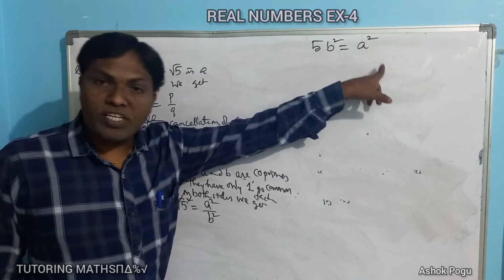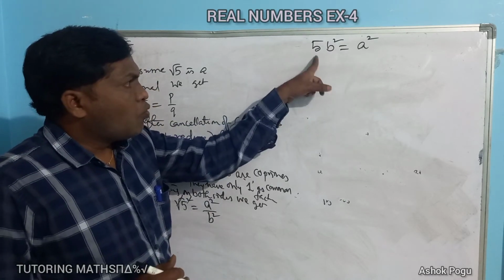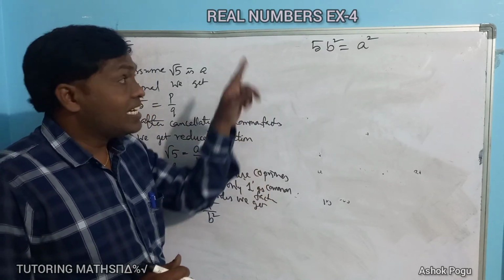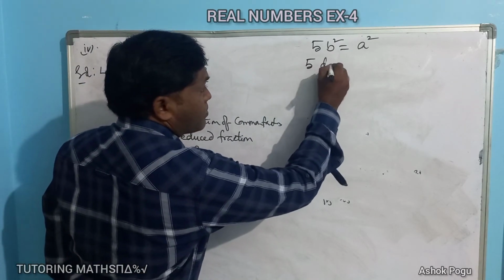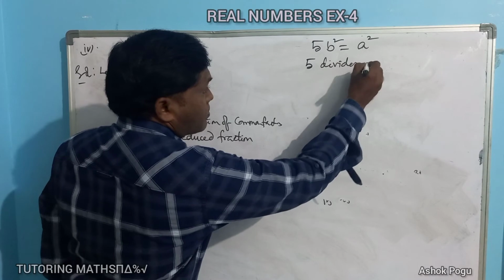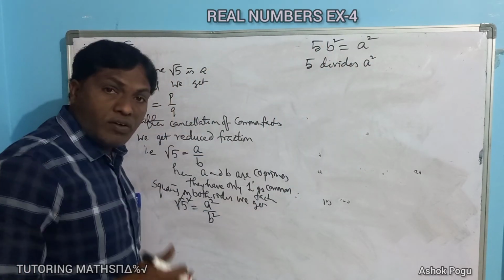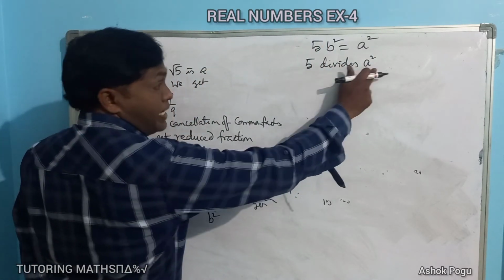5b square is equal to a square. Means 5 divides a square. Here 5 divides a square.